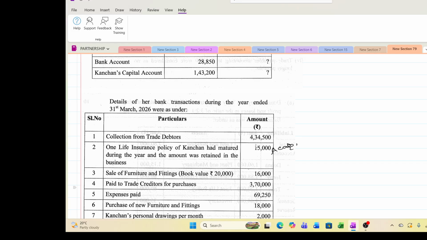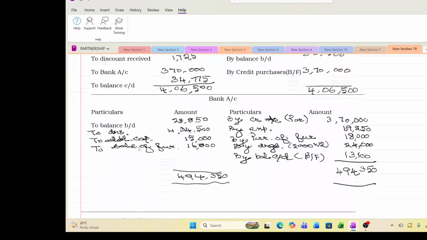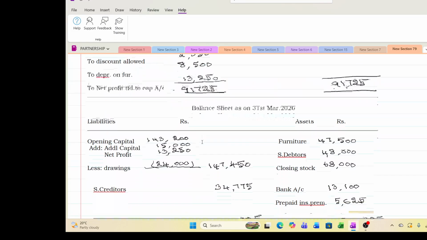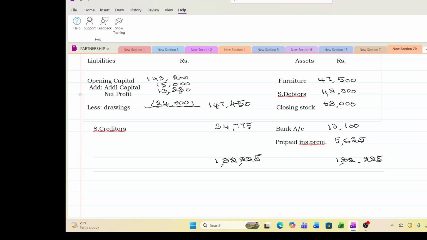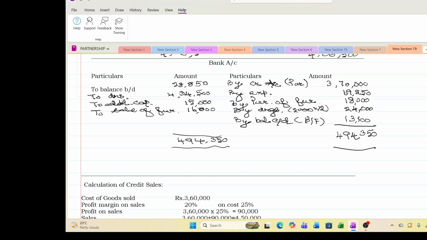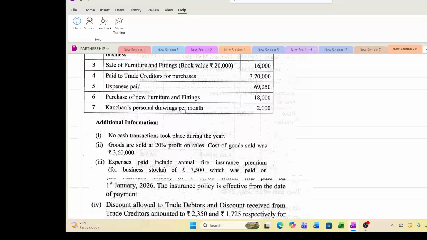So we have to enter both in our bank account. See here in your bank account, you have to write the debtors 4,34,500 and additional capital 15,000. This additional capital will appear in the current balance sheet, 15,000, and this 4,34,500 will appear in your debtor account by cash account. Okay, that I have already told you.